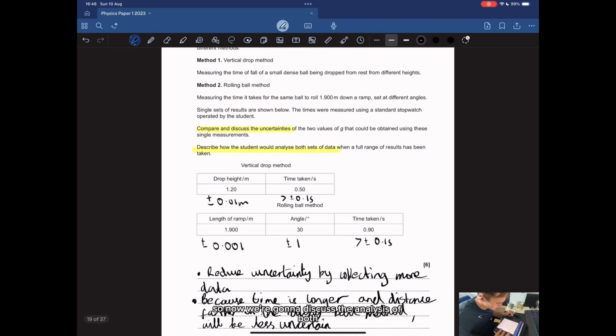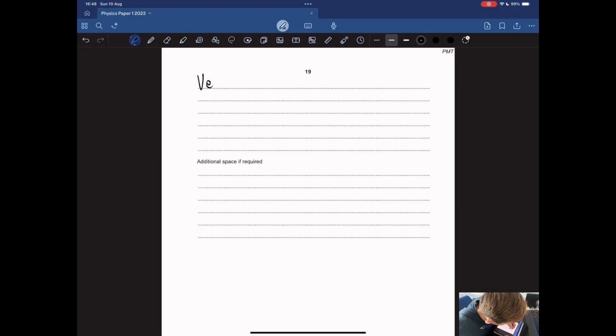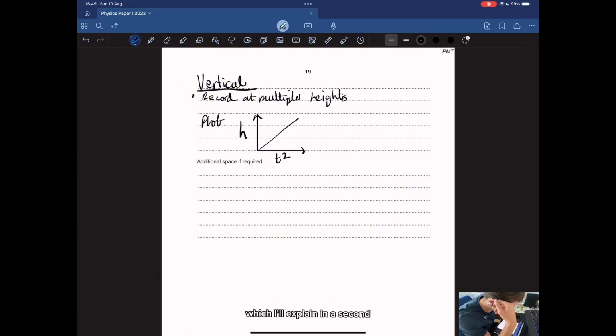So now we're going to discuss the analysis of both. So vertical drop method, assuming we have more data. We're going to record at multiple heights. I guess we're going to plot a graph that looks like this. On the y-axis, we're going to have height of the ball, and on the x-axis, we're going to have t squared, which I'll explain in a second.